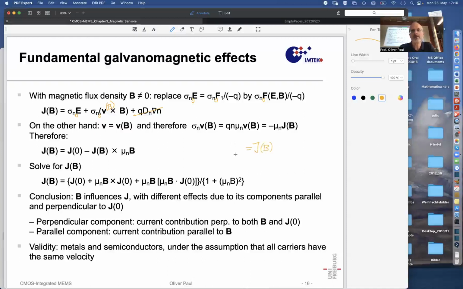Now this is the current because of carriers moving with velocity VB, and if I just multiply n with minus q, that's what I should get. And if I add another mu n in front, here on the left and right, actually with a minus, then I obtain this equation here. And this equation allows me to replace the sigma n0.